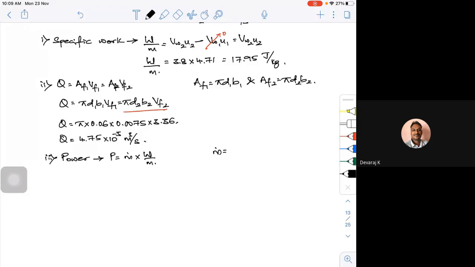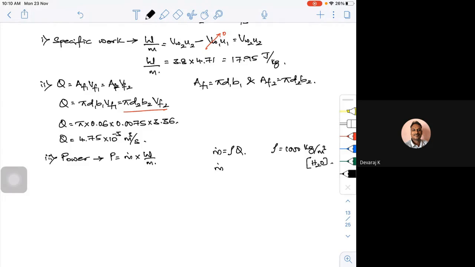Mass flow rate is nothing but density, rho, into your discharge. What is the fluid actually? The fluid is water, so rho is equal to 1000 kg per meter cube. Now Q we just found is 4.75 into 10 to the power of minus 3.